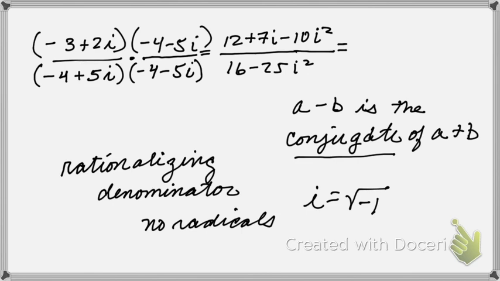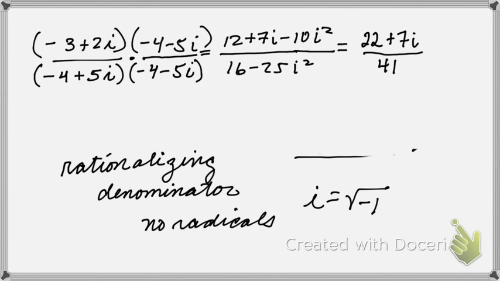And then negative 10 times negative 1 will be plus 10. So 12 plus 10 is 22 plus 7i. And then in the denominator, I've got minus 25i squared. So that's going to be plus 25 because it's negative 25 times a negative 1 is plus 25. And that'll give me 41 in the denominator.